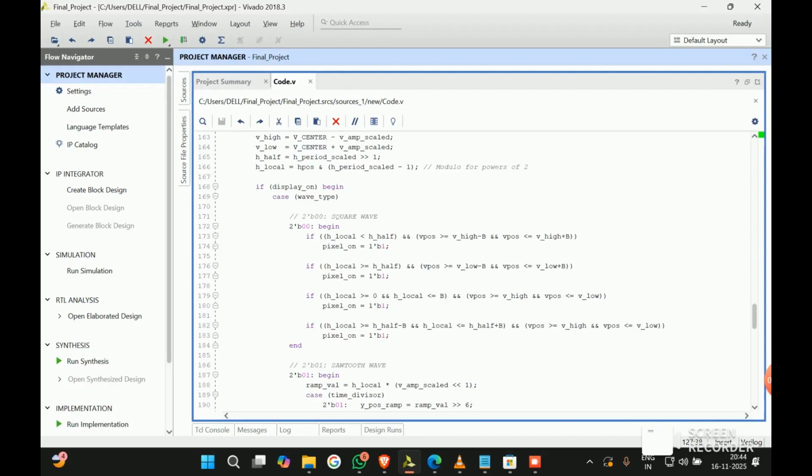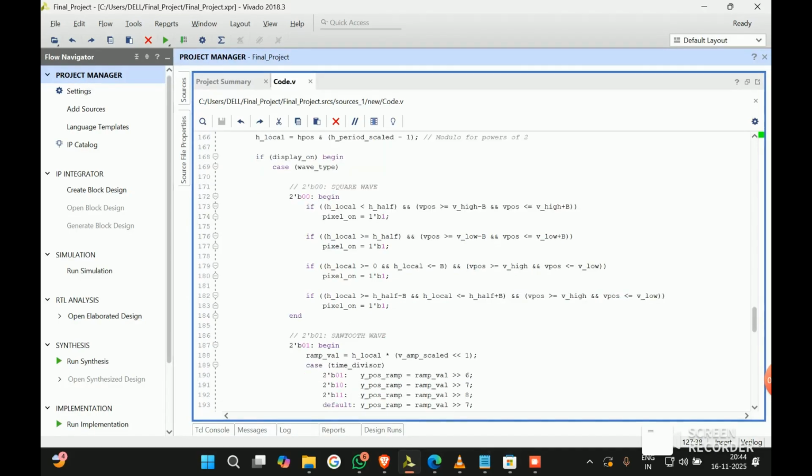So these are a few signals that we can generate based on what wave we want. So this is a square wave. If it is given, it will be correctly displayed on the VGA. What it essentially does is it checks the local current position. If it is lesser than the half of the frequency, it will draw a horizontal line, which has a width of 2b, since these parameters are checked here.